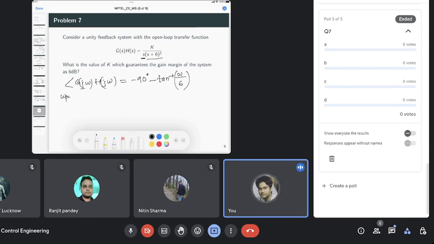At that point your angle will be -180, right? So -90 - tan inverse of omega pc by 6 equals -180. You just solve for omega pc, the phase crossover frequency. So tan inverse of omega pc by 6 will be 180 - 90, so it's 90.